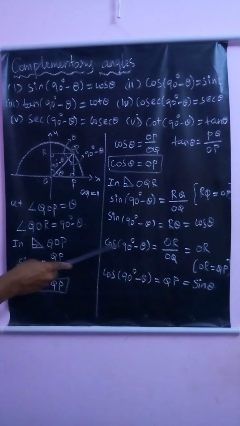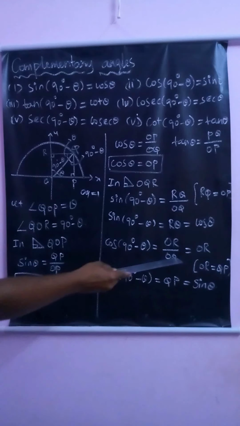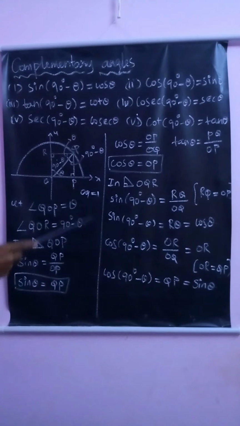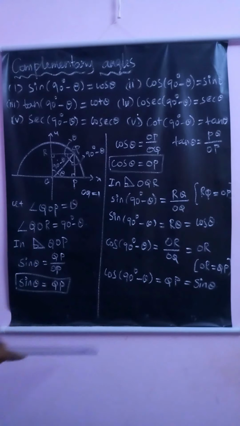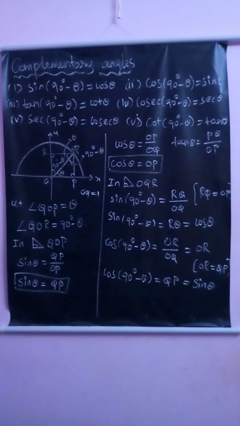Next, cos of 90 degree minus theta. Now the adjacent side to 90 degree minus theta is OR, divided by the hypotenuse OQ. OQ is the radius of the semicircle, which is 1 unit, so OR divided by 1 is equal to OR.